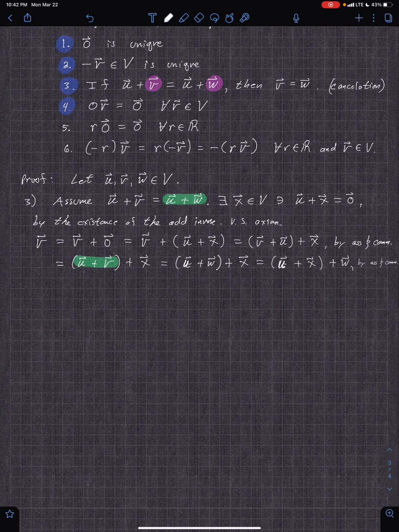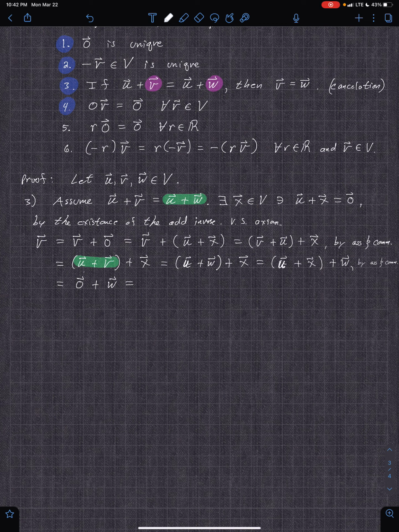What is u plus x? So what is that? U plus x is the zero vector, because that's how we defined it. So that's equal to the zero vector plus w.